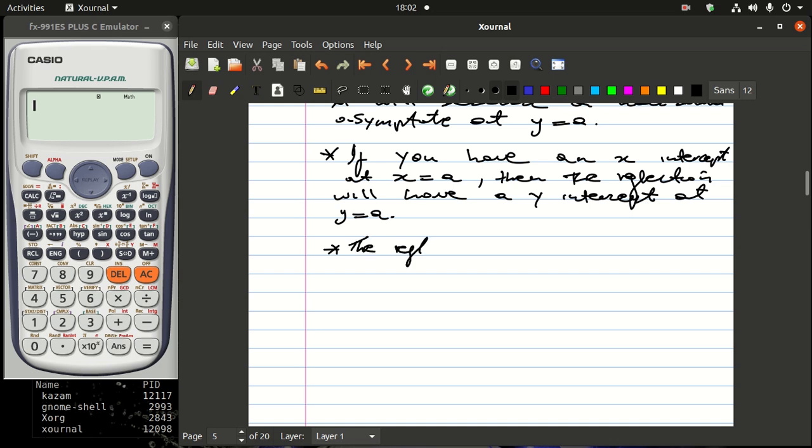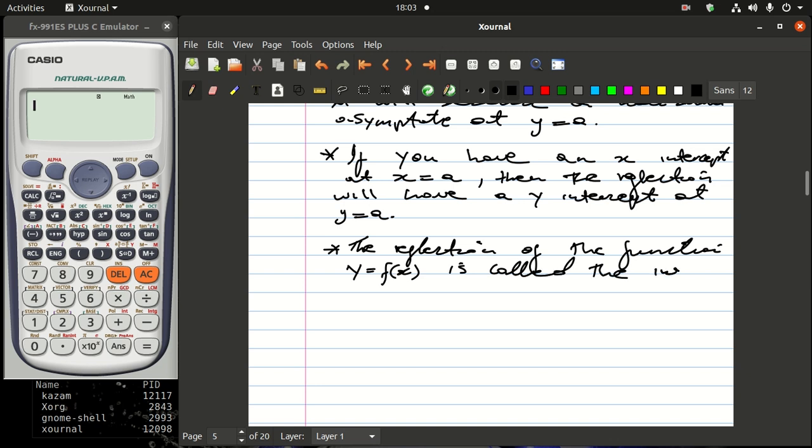the reflection of the function y is equal to f of x is called the inverse.